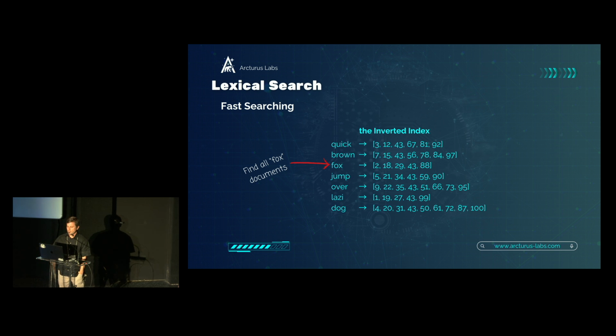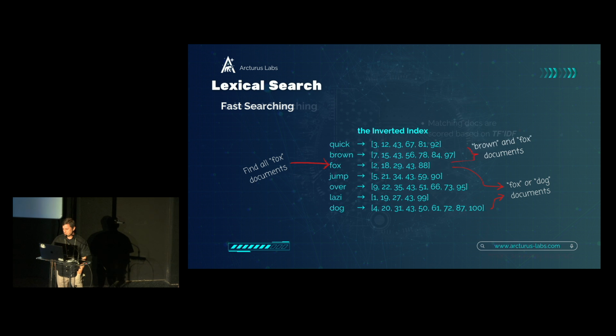No, it's already effectively done all the single word searches possible. If you wanted to look up Boolean logic on this stuff, Brown and Fox documents, you just take out multiple postings lists and either union them or... what's the opposite of union? Thank you. I'm missing the word for some reason.